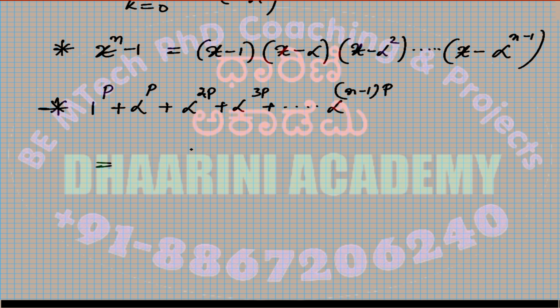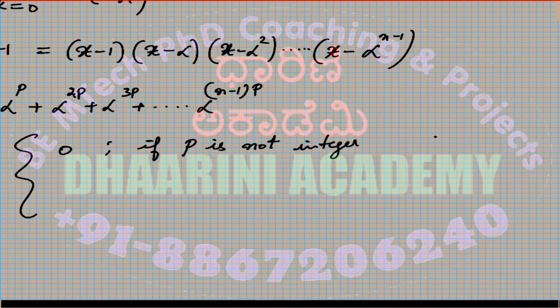This answer is 0 if p is not an integer multiple of n, and this answer is n itself if p is an integer multiple of n. Anyway, we'll see that in problems later, but as of now let's just remember.